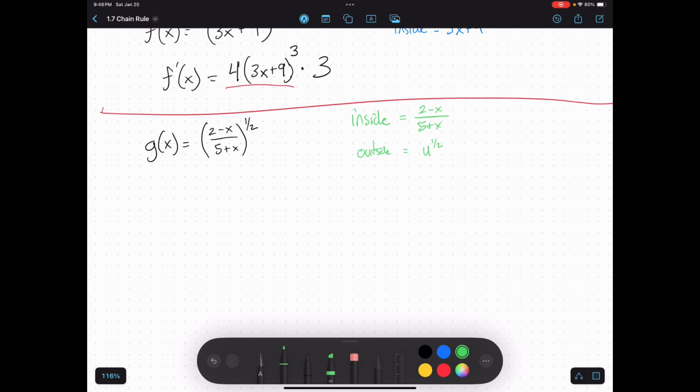Okay, so let's take the derivative. This requires chain rule.